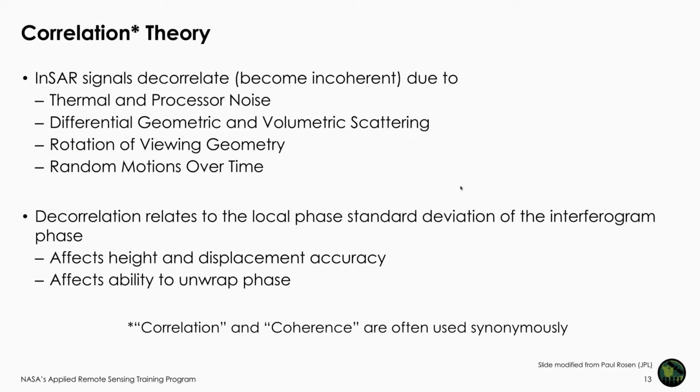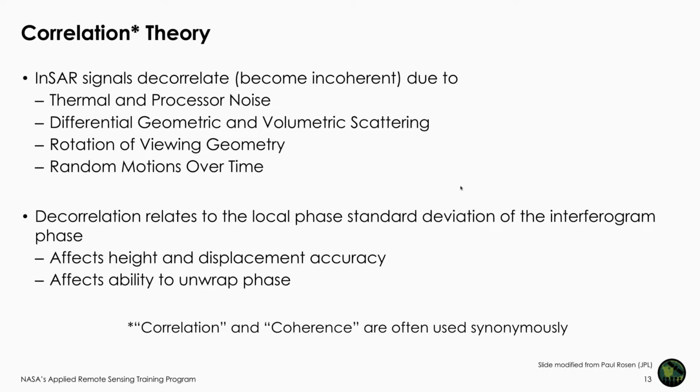The other thing about the interferometry is that it has what we call the coherence or correlation. Coherence is often used to describe how well defined the signal is, but the way we measure it is actually using a spatial correlation.